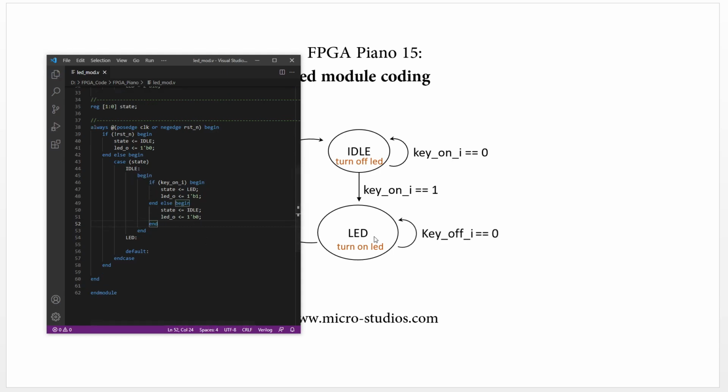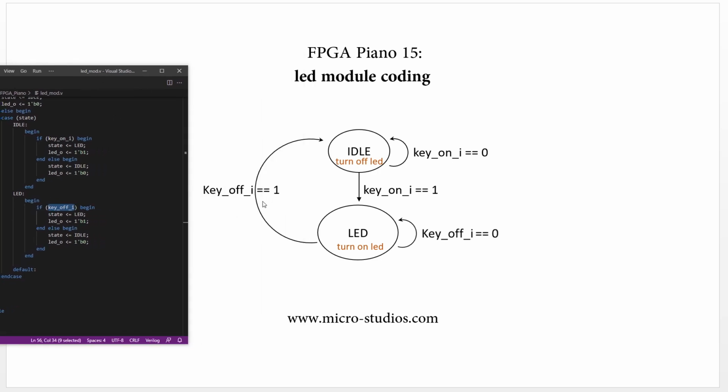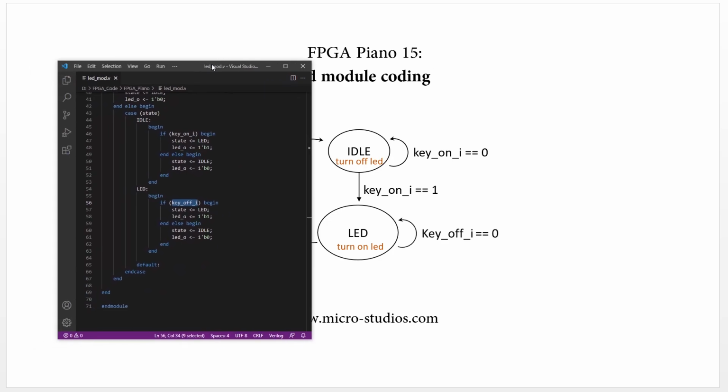For the LED state, we need to check the key off signal. We copy this one and put it here. If it is 1, we go back to idle and we turn off the LED.